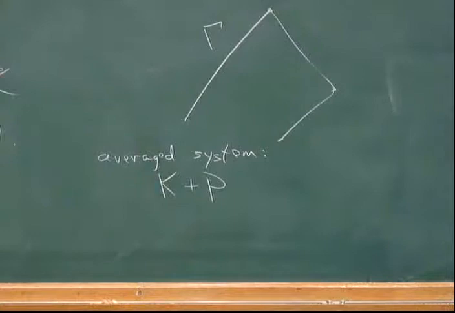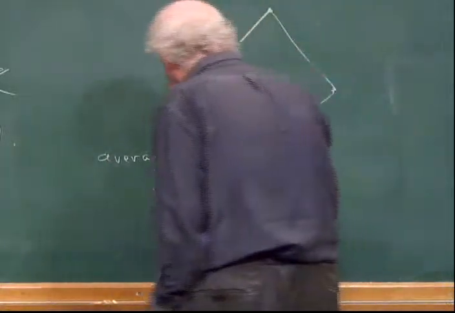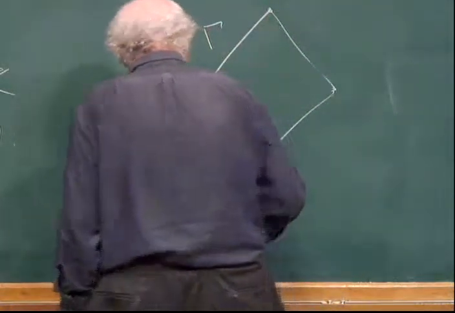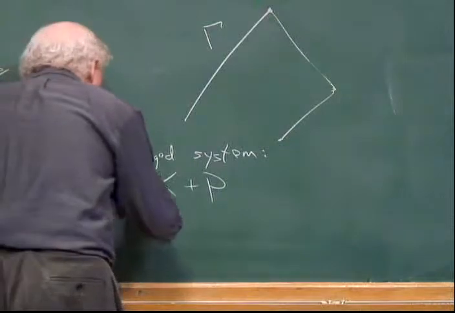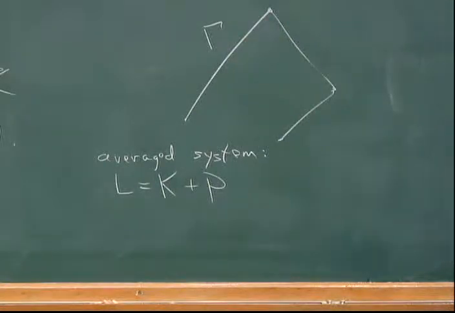Well, I call the potential the negative of the potential energy, so excuse me for that. So you have this Lagrangian, this average Lagrangian of this form. And now, when you have an average Lagrangian of this form, there's something called a Jacobi metric.